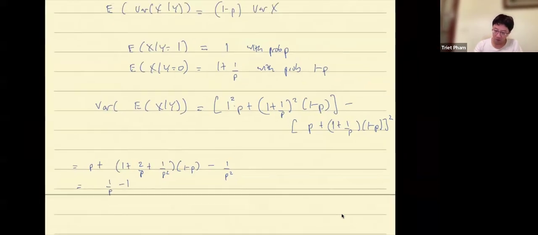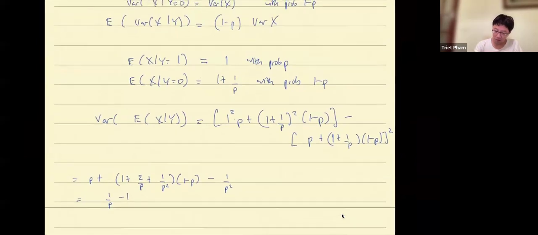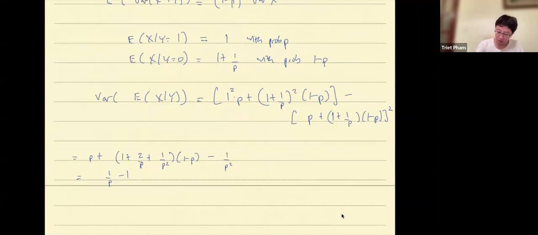Any question? All right. So it's this plus this. So therefore, the variance of x is supposed to be 1 minus p times the variance of x plus this thing, which is this.